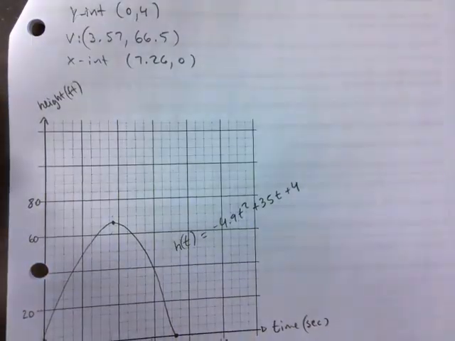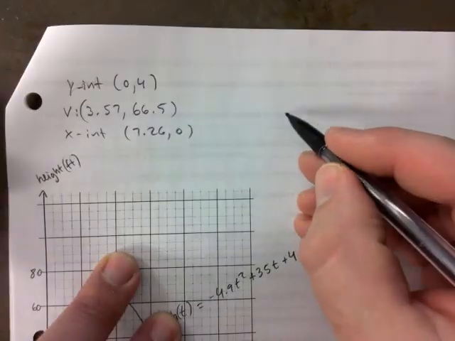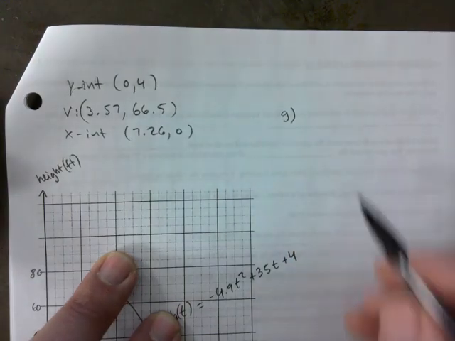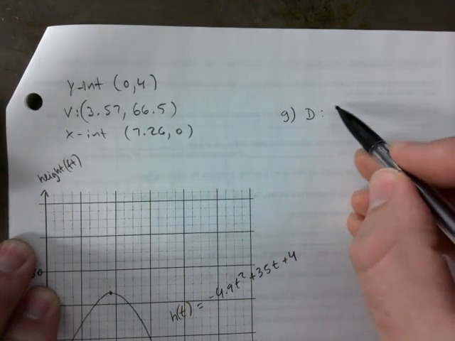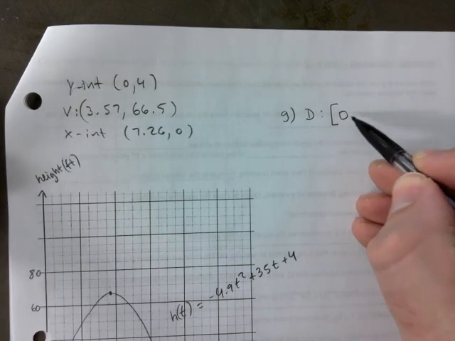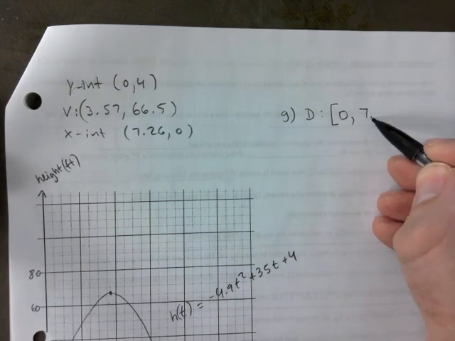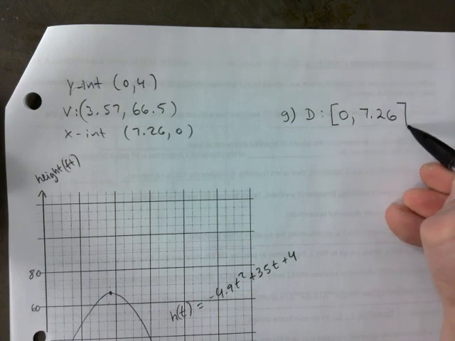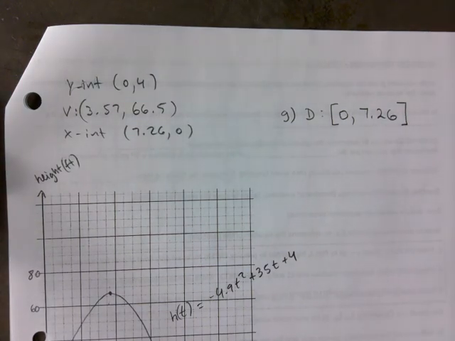Basically, the way our graph is, right? So that is G, sorry. G, my domain, I'm just going to do it in interval notation, okay? My domain goes from 0 all the way to when it hits the ground. Okay, time goes from time 0 till the time when it hits the ground.